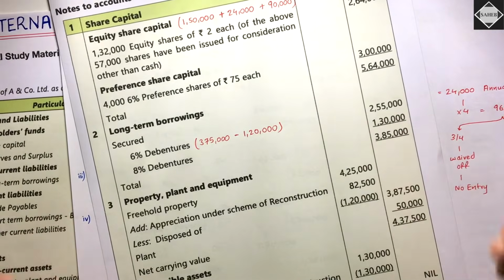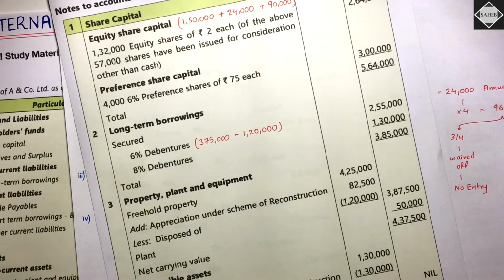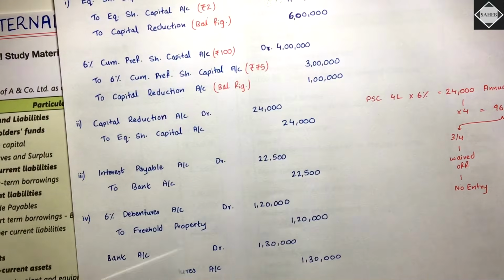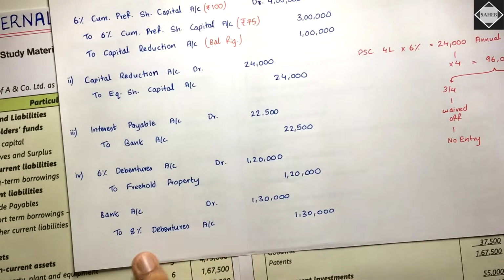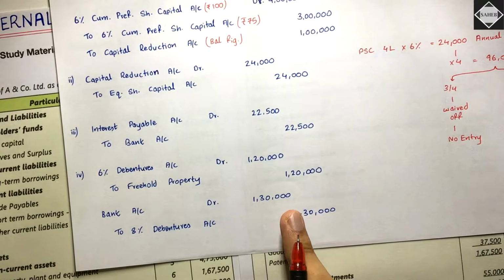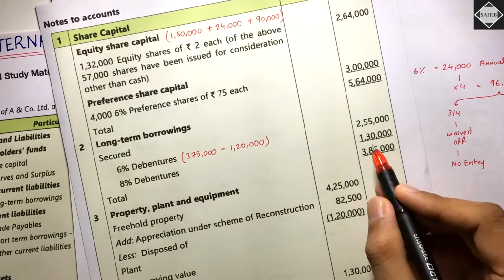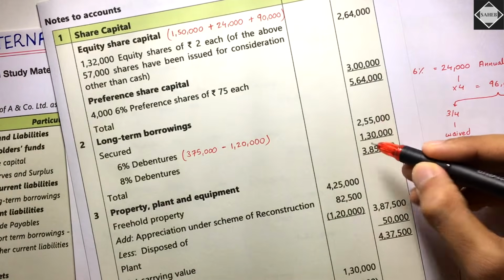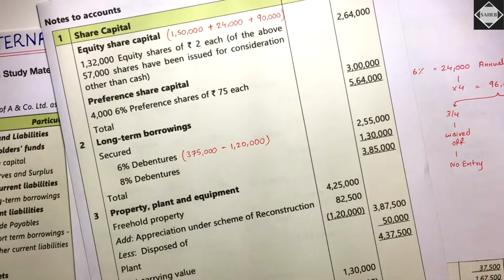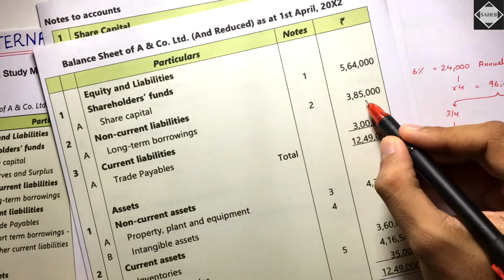And then we have issued new debentures also of 8%, and we received 1,30,000. See here, bank account debit to 8% debentures 1,30,000. So this also you have to account over here. 255 plus 1,30,000, that's equal to 3,85,000. So in the balance sheet, long-term borrowings 3,85,000.